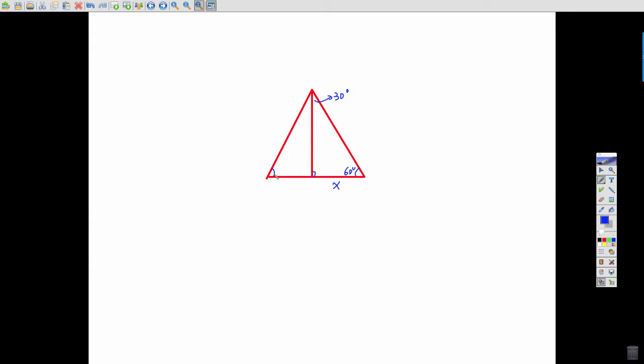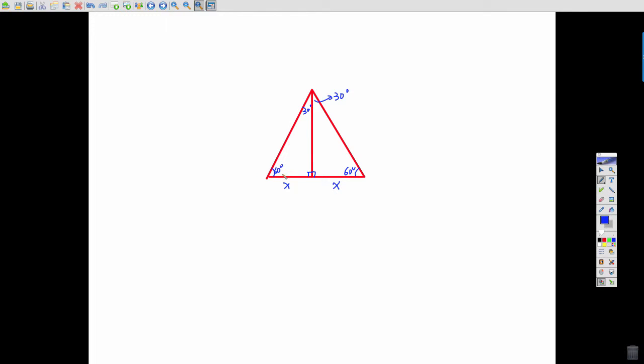Therefore, the two right triangles are congruent. So this one would be 30, this one would be 60 because they're the same right triangle, and this one, of course, is 90 degrees. Notice also if I flip them, if this part is x, this part must be x as well. So I've got 2x here.